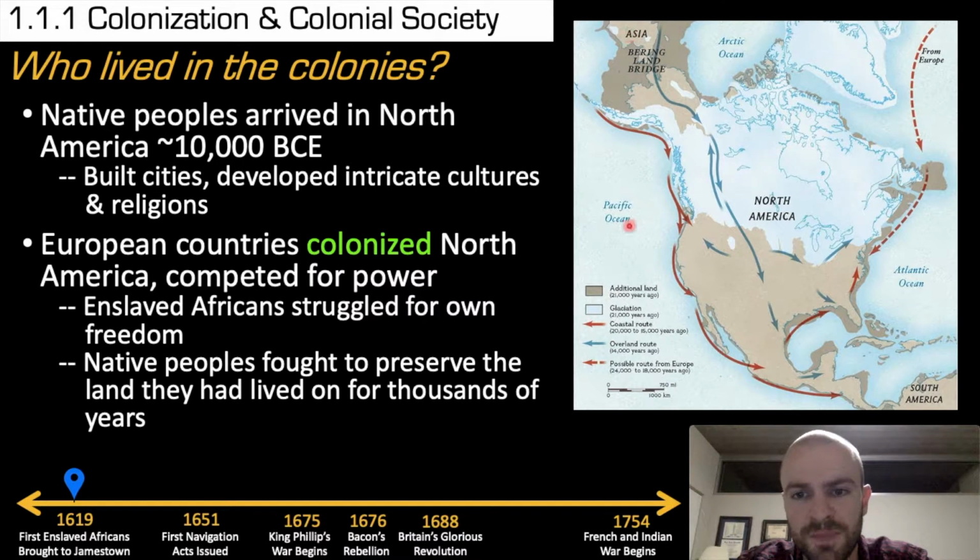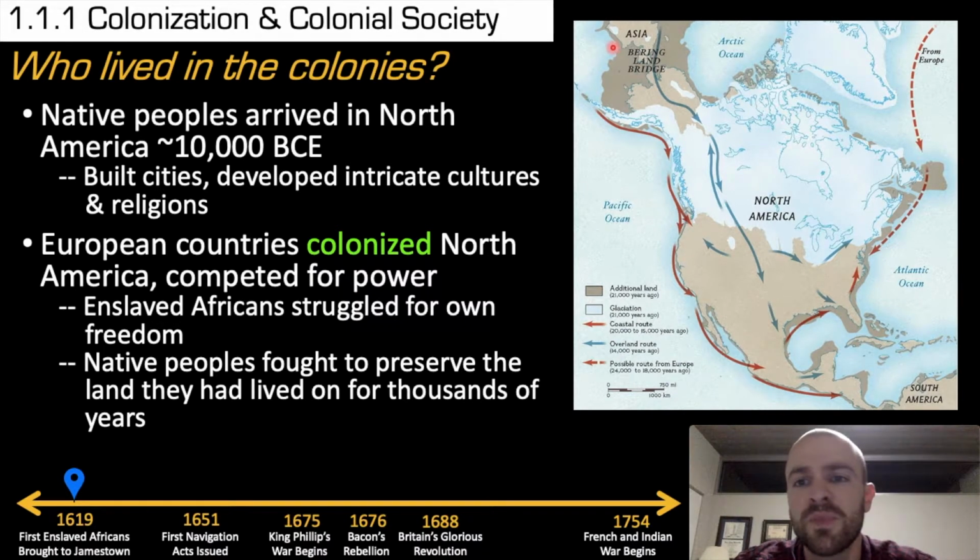So here, this is a map that depicts the route that would have been taken by native peoples by land and along the coast. Here, anything that's in brown is additional land that used to be there, at least on the surface, 10,000, 15,000, 20,000 years ago, but is now underwater.